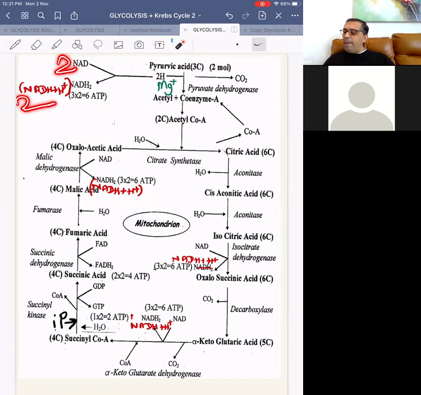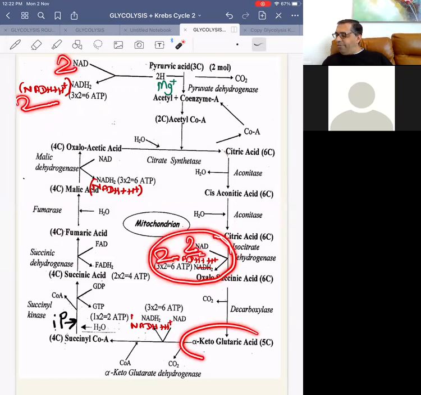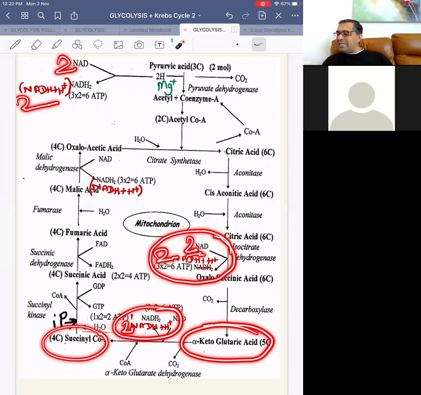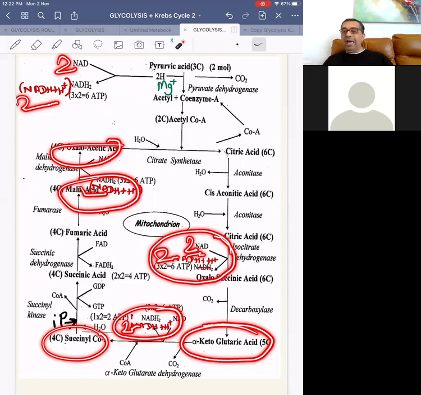And then during the Krebs cycle, in the conversion of citric acid to oxalosuccinic acid, 2 NADs give 2 NADH plus H plus, and then conversion of alpha ketoglutaric acid to succinyl coenzyme A, again we have 2 NADH plus H plus. And the last step, malic acid forming oxaloacetic acid, we have again 2 NADH plus H plus.